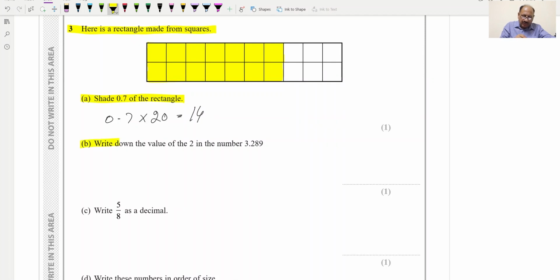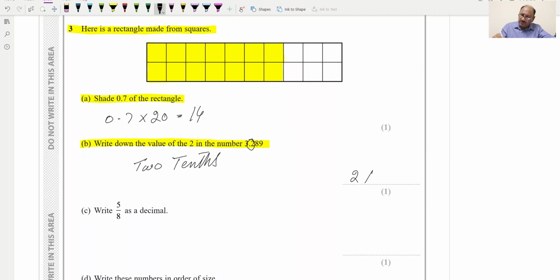Now part B: write down the value of 2 in the number 3.289. This position will be 2, so we can write 2 tenths. This will be our answer.